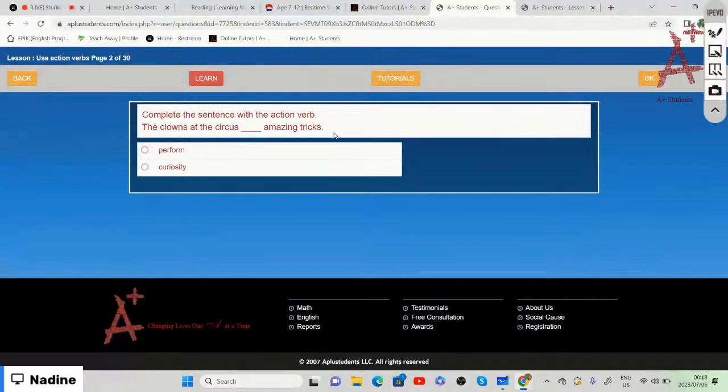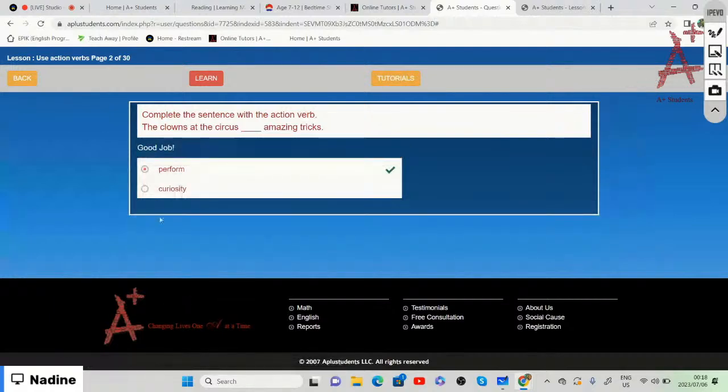Is it option one, which is perform, or option two, curiosity? All right, so we are going to choose perform, right? Because he is performing amazing tricks. Curiosity is something totally different. So if you chose perform, then well done.